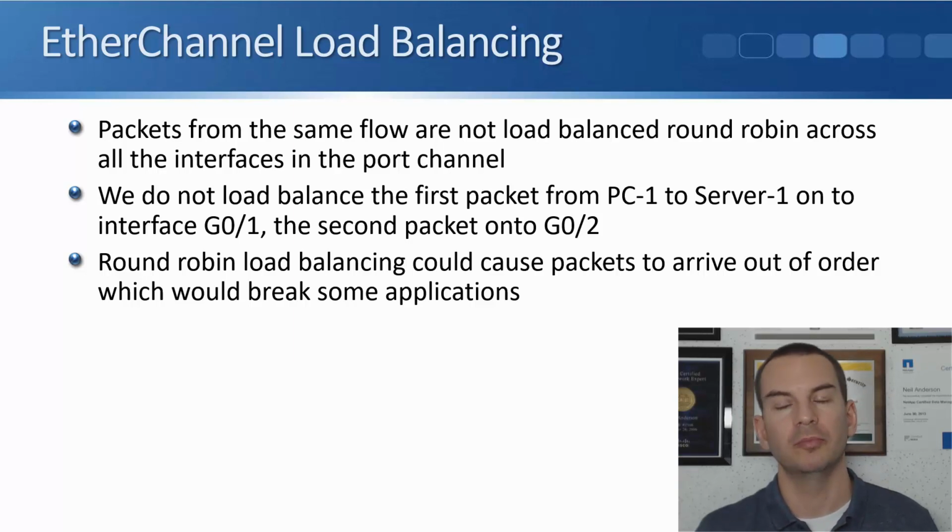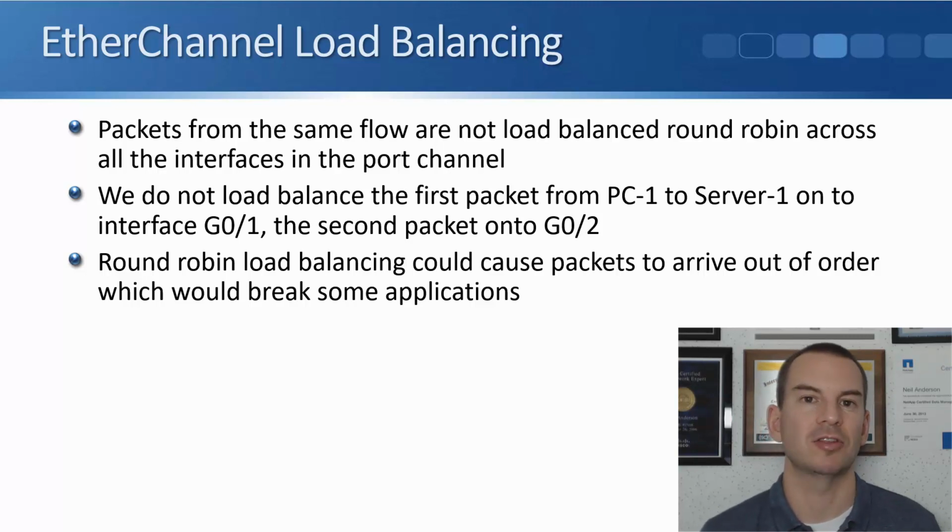They're not load balanced round robin across all the interfaces in the port channel. For example, we don't load balance the first packet from PC1 to server 1 on interface gig 0/1, and then the second packet on that same flow to gig 0/2. The reason for that is that round robin load balancing could cause packets to arrive out of order at the destination, and that would break some applications.